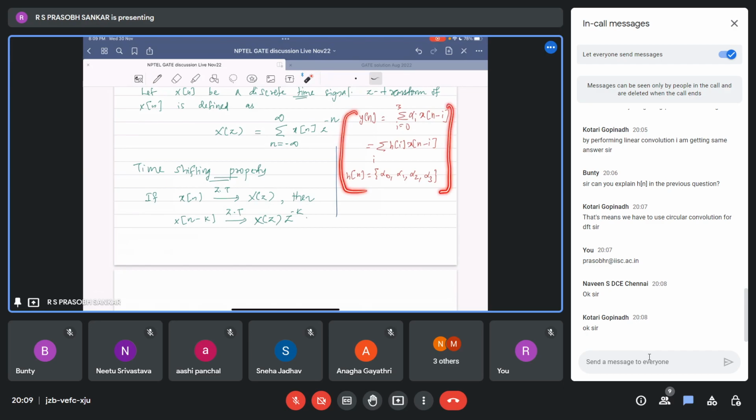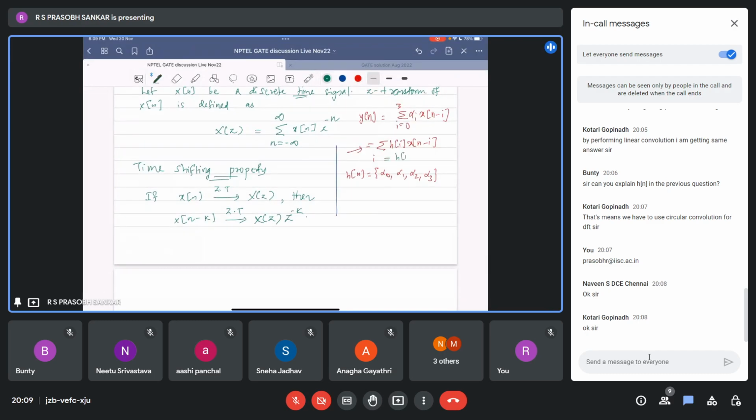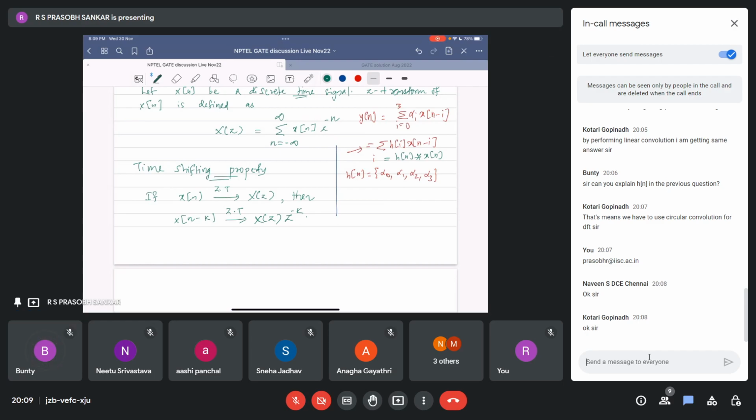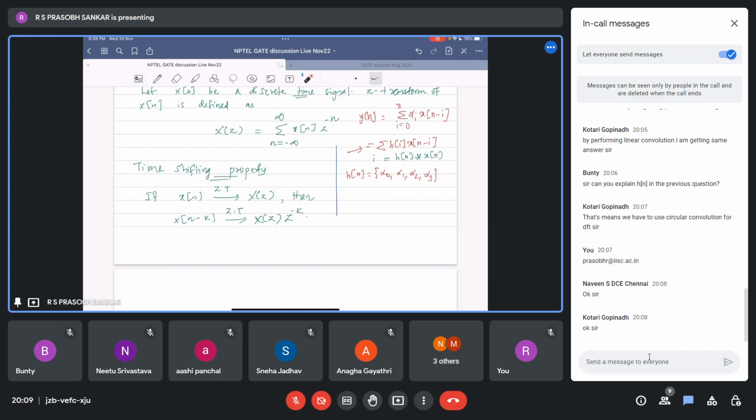These two are the same, right? So I just wrote it in a more familiar form. Once I have this equation, this is h of n convolution x of n. The remaining things just follow from here. That is okay, right? Any other questions?